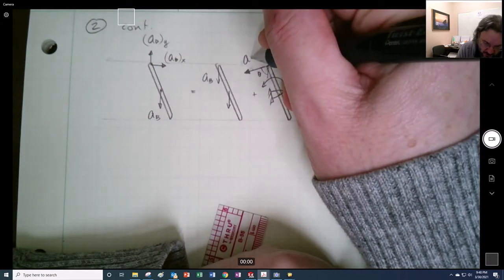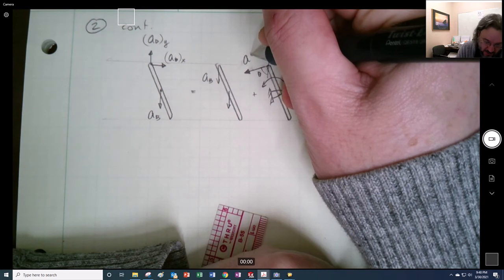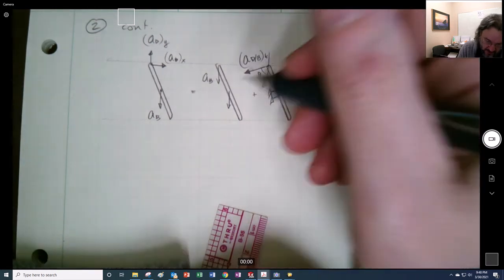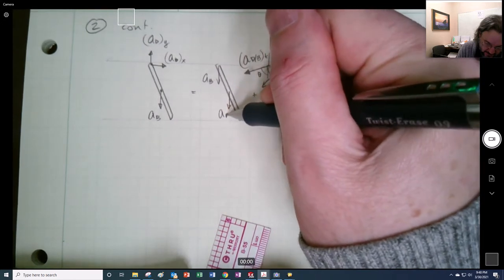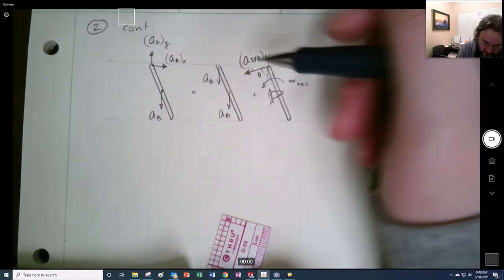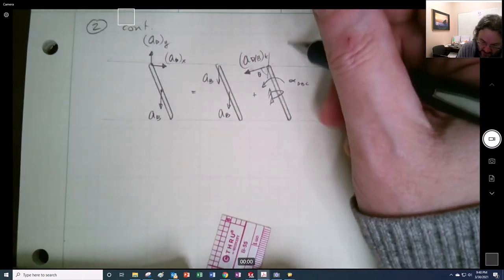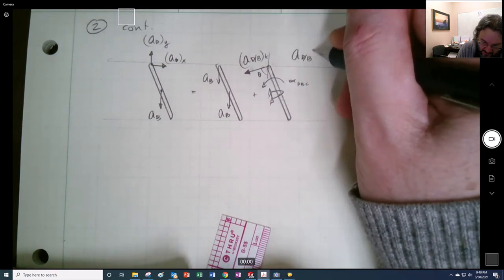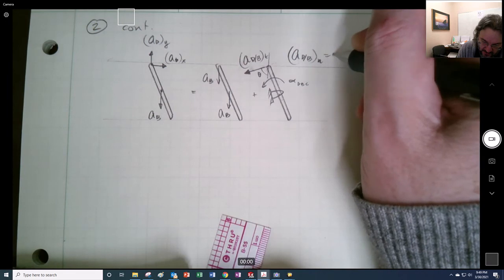Ooh, shoot. This is D with respect to B. Tangential. And maybe I'll write D with respect to B, and the normal direction is equal to 0.